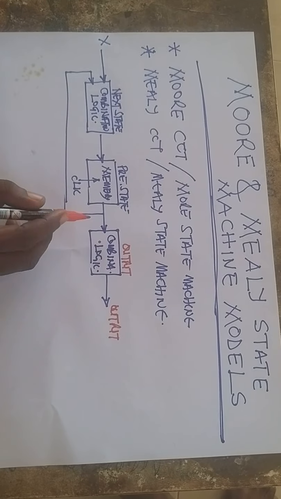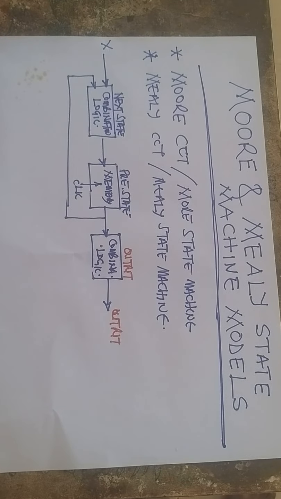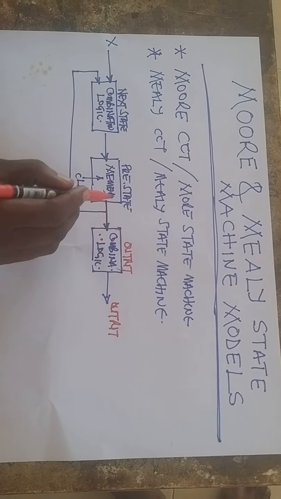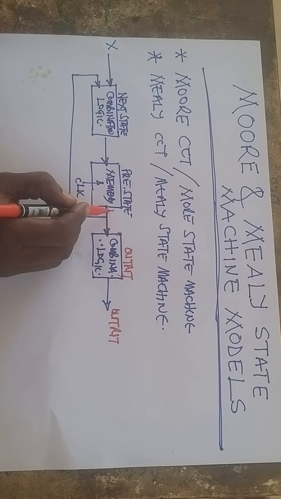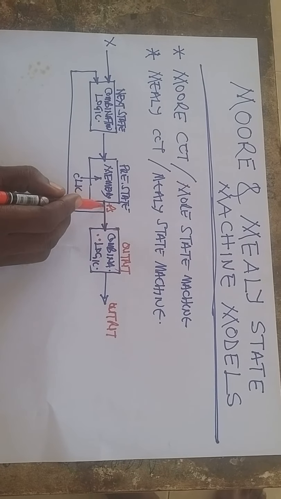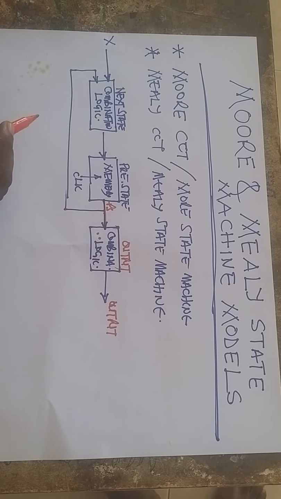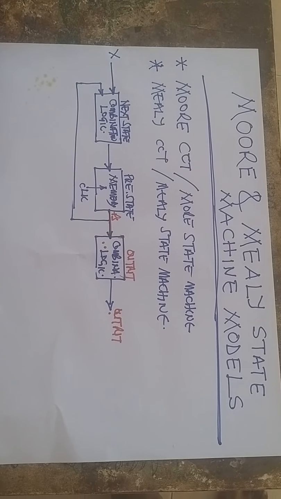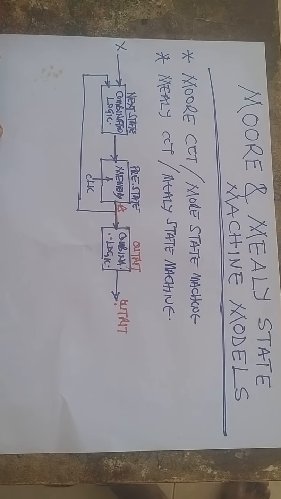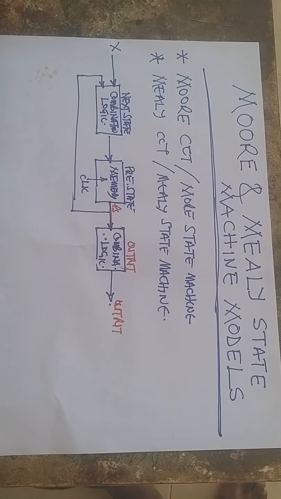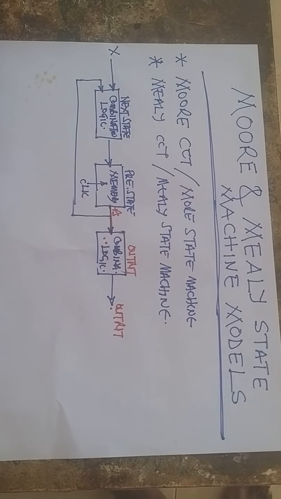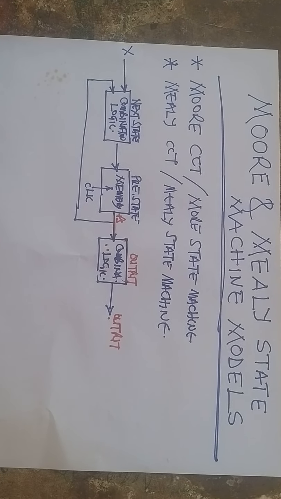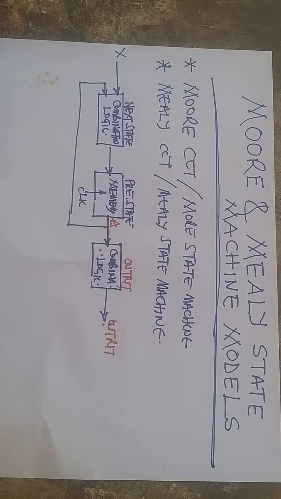As you can see from this model, this is the output, and this state, the present state or current state, is what determines the output. So the output depends on the present state only. Please note, the output depends on the present state only. That is what Moore is saying.